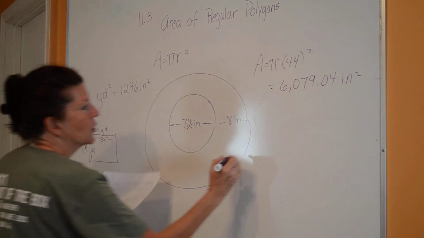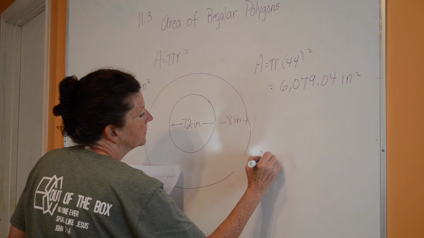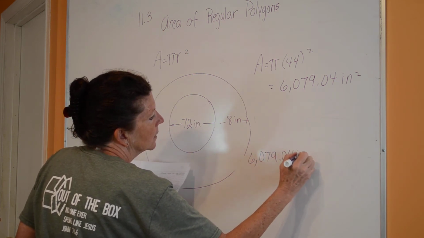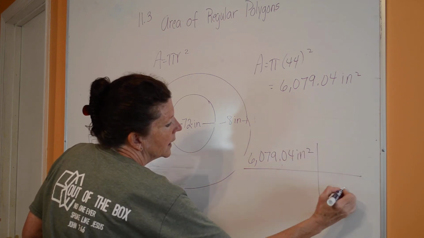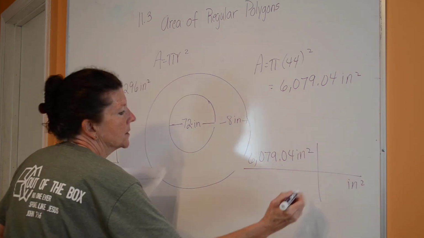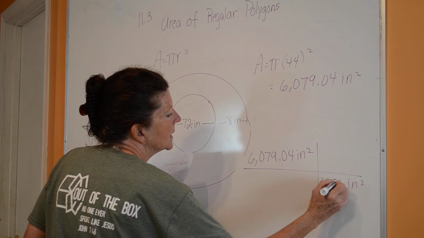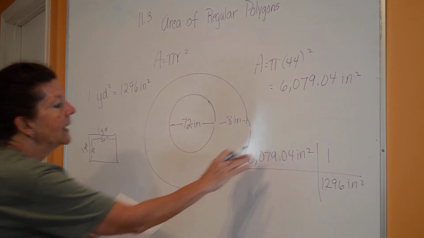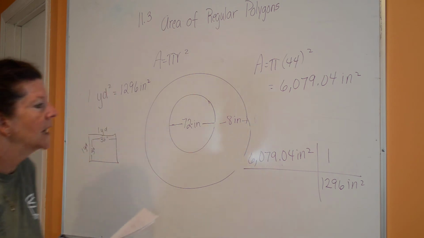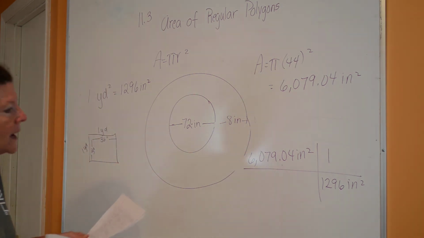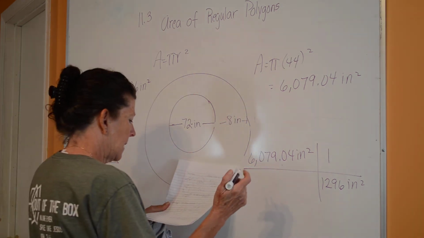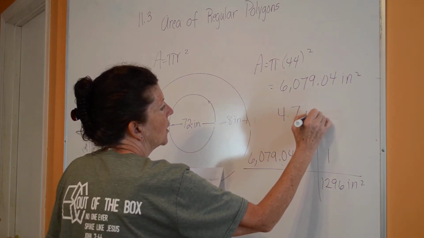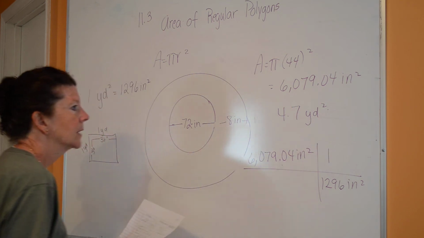I have this conversion, so inches squared is going to go on the bottom, so that's 1,296 on the bottom and 1 on the top. So basically I'm dividing this 6,079.04 by 1,296, and I'm going to get an answer of 4.7 yards squared.